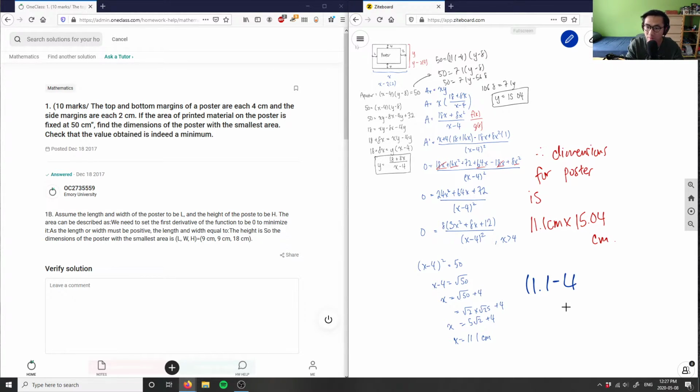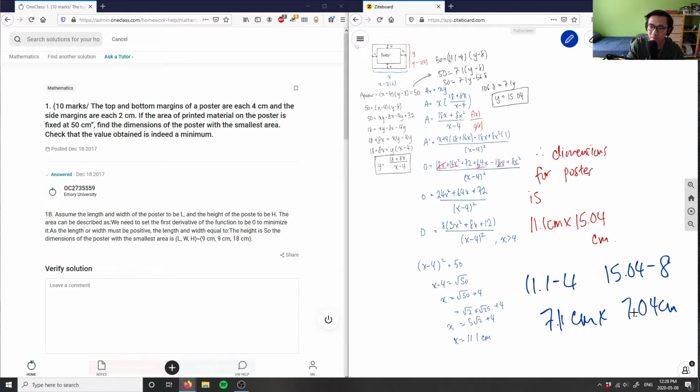The total area would be 11.1 minus 4, which is 7.1. So it's going to be 7.1 by whatever 15.04 minus 8 here is, which is 7.04.